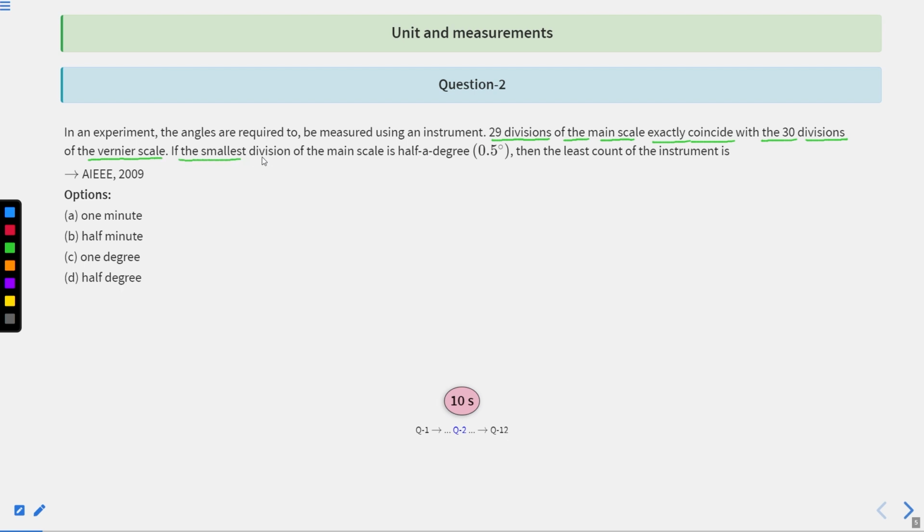If the smallest division of the main scale is half a degree, then what is the least count of the instrument? First is 1 minute, second is half minute, third is 1 degree, fourth is half degree. Clear? You have 10 seconds to solve this question. After that, we will provide the solution.